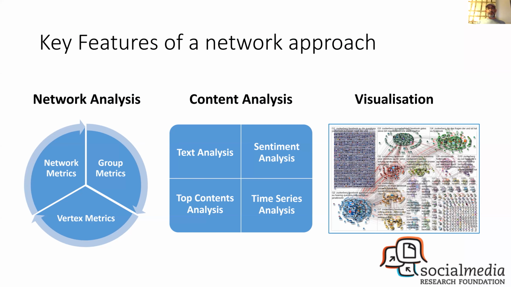So the key features of our approach: we want to do network analysis first. We want to take content, use it to find edges, and then use edges to find groups, and then do content analysis again. Content analysis within the group. And then visualize the network and see the shape of these conversation populations over time.